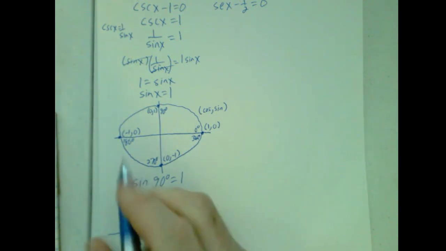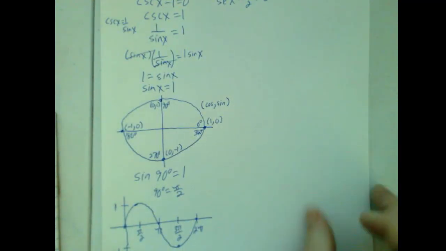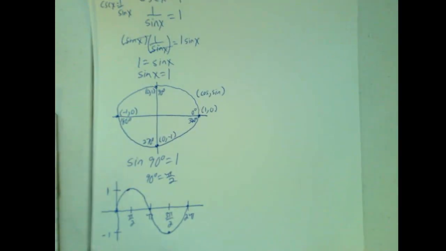Notice the graph of sine touches 1 at 90 degrees. So sine of 90 degrees is 1 right here.